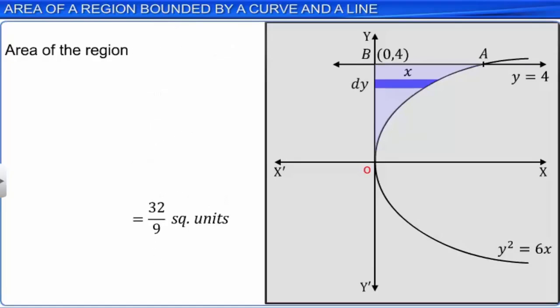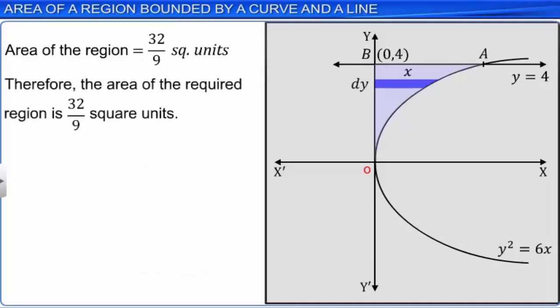Alternatively, the area of the shaded region can also be found by considering a strip of width dx parallel to the y-axis.